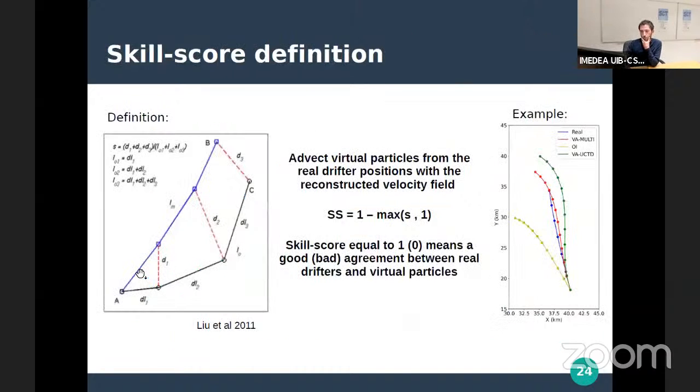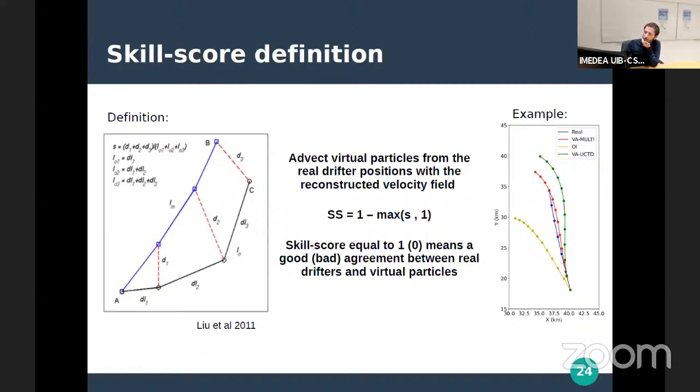Even if we have described a little bit the difference between our velocity fields, we want to quantify better the difference and how we improve the horizontal velocity in the different reconstructions. To do this, we've been using a skill score defined by Liu et al. in 2011. You can see the definition formula on the left.